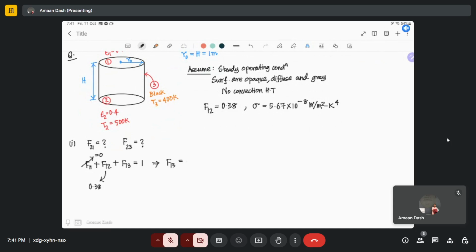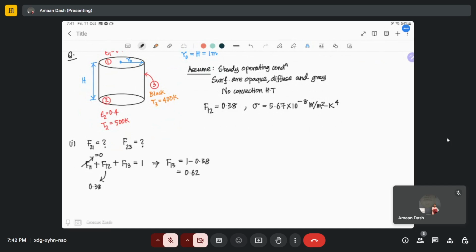And it is given that F1 to 2 is 0.38, and as usual the Stefan-Boltzmann constant is 5.67 times 10 to the power of minus 8 watt per meter square Kelvin to the power of 4.